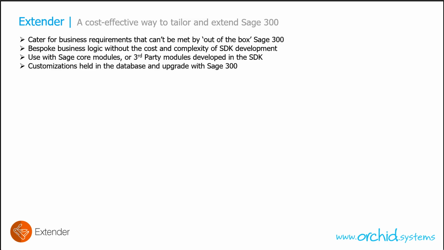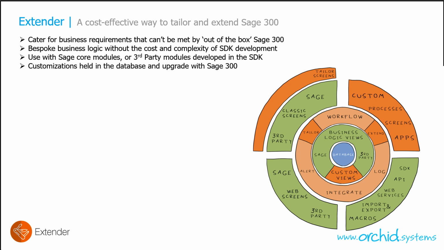First, a brief overview of Extender for those of you who are new to Orchid. Extender is a cost-effective way to tailor and extend Sage 300. It caters for business requirements that can't be met by out-of-the-box Sage 300.